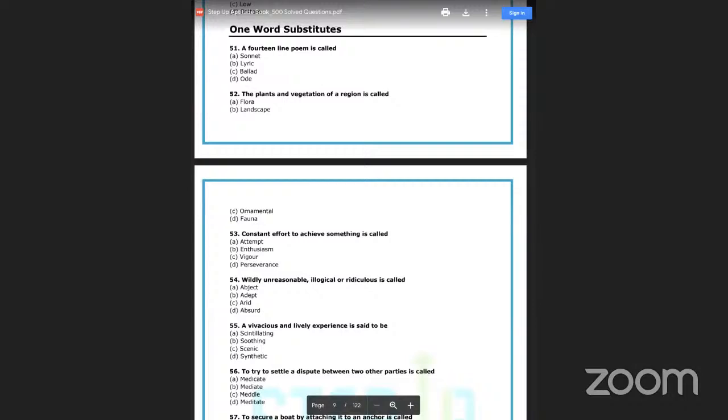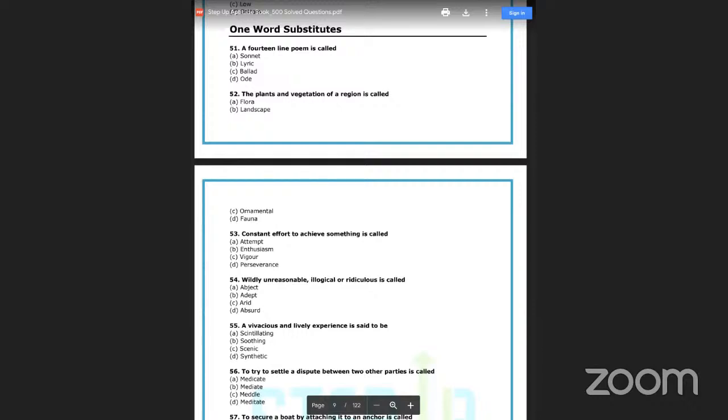Hold on, ma'am. I wrote it down. Let me read it out. Read out the meanings of all A to D. A sonnet is a one stanza, 14-line poem. And the next one, lyrics.